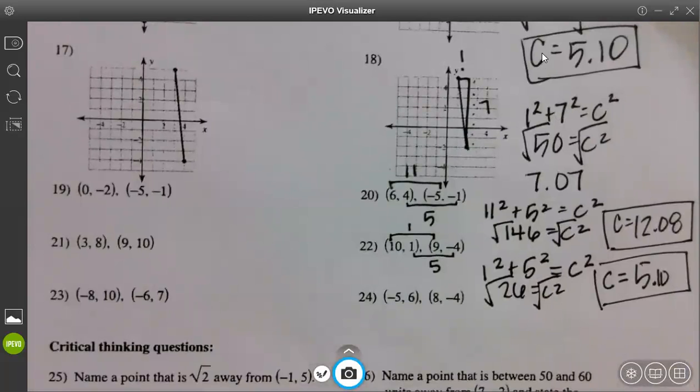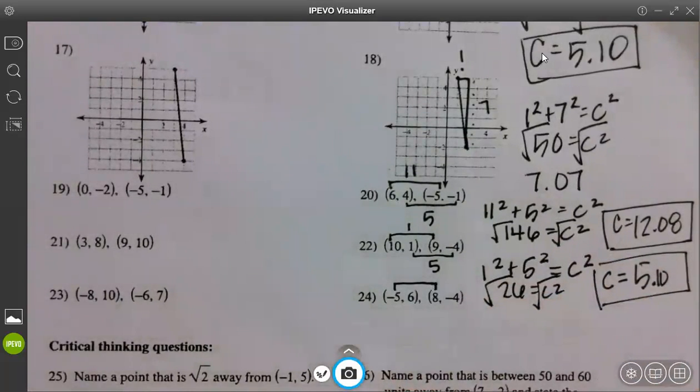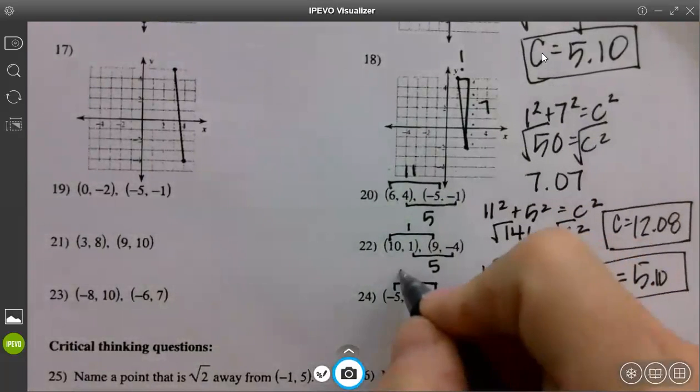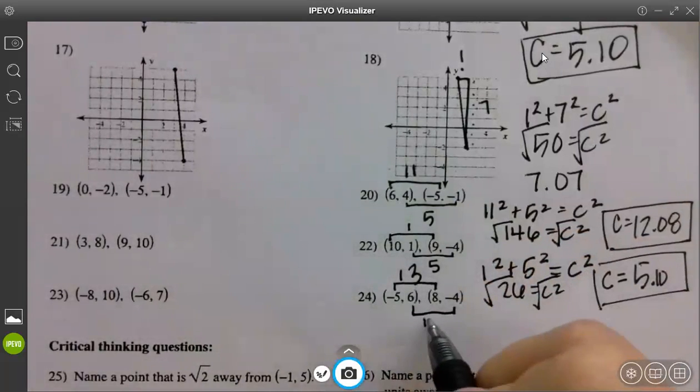All right, last one we're going to do on this. -5 to 8 on a number line. 13. 6 to -4. Perfect.